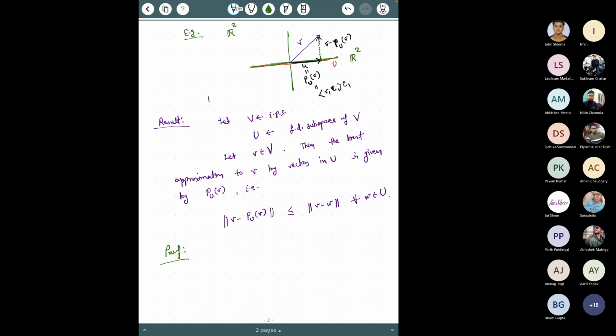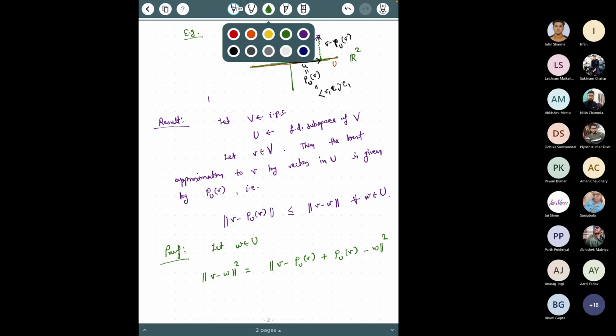Let w be any vector in U. Now if you look at this, norm of v minus w squared, the same thing I can write as v minus, I will add this vector P_U v, and I'll subtract the same vector. Now you can see, I can take this as one vector and this is another vector.